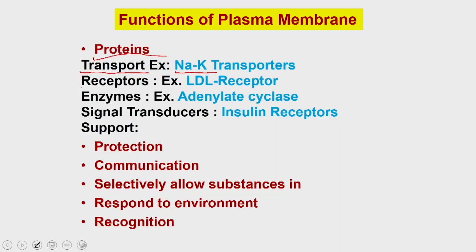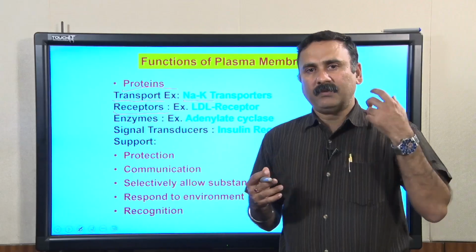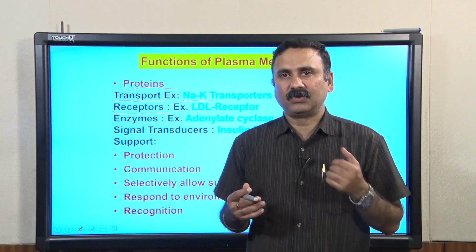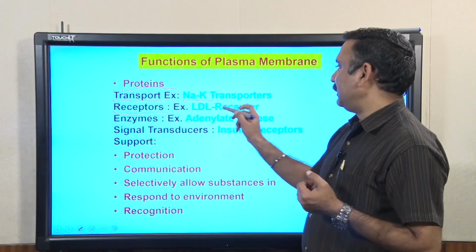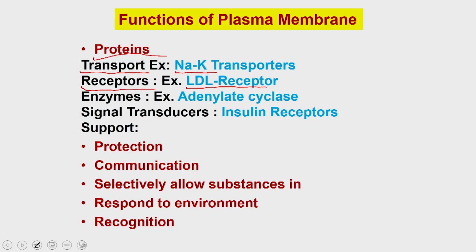Then we have the receptors. There are 2 classes of receptor. One is the receptor which helps the cell to take up food molecules from the extracellular media. One classical example is the LDL receptor. The LDL receptor is responsible for the uptake of the lipid known as LDL, and this receptor is present on the plasma membrane and gets recycled.